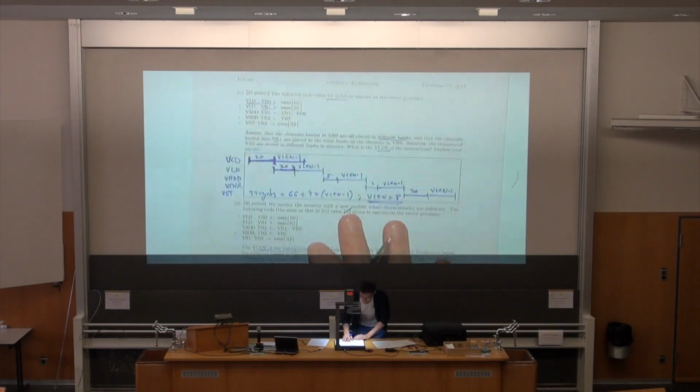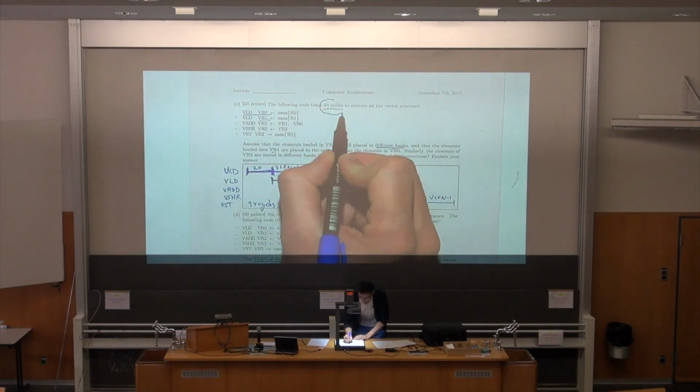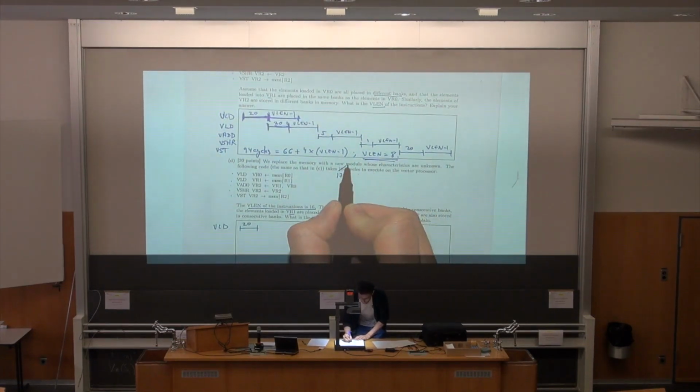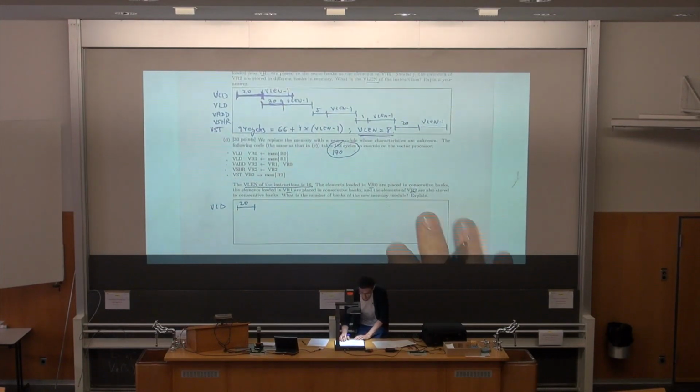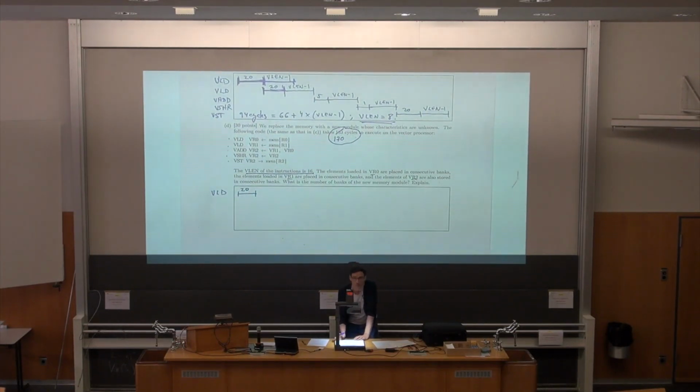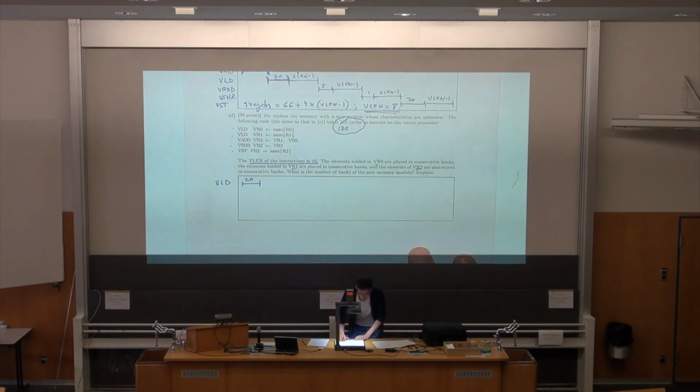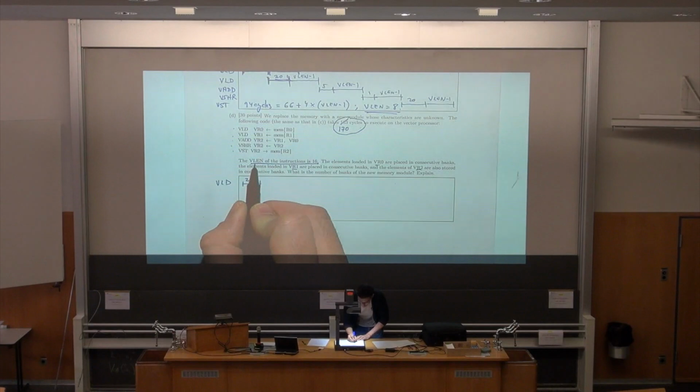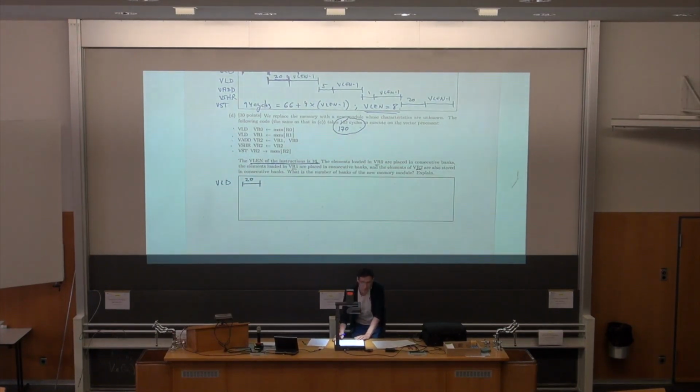In the past, for the same code, we needed 94 cycles. Now we need 170 cycles. This is giving us a hint that the number of banks now is smaller than before, right? And because VLEN is 16, we know that we cannot serve all the accesses for all the vector elements in parallel.